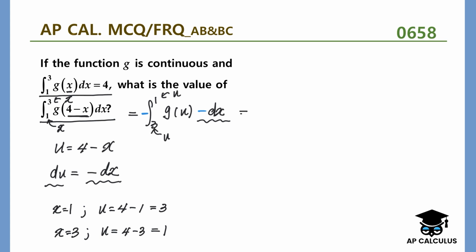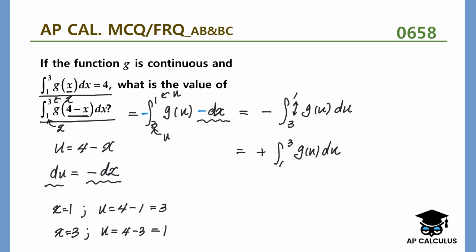Okay? So that is equal to negative integral from 3 to 1 of g of u times negative dx, that's du, right? So if we switch these two numbers, then that's going to be negative times negative, so positive integral from 1 to 3 of g of u du, right?